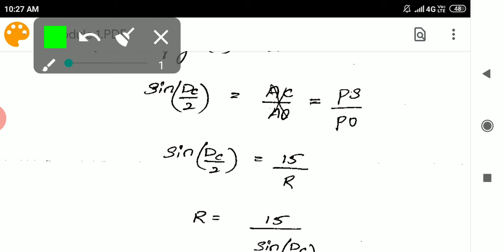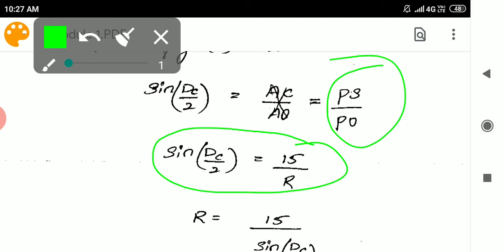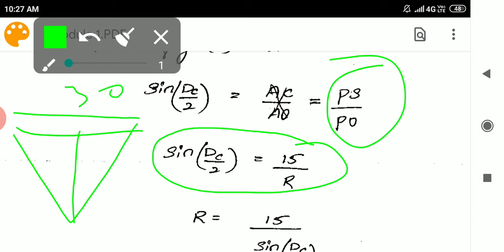So sin DC equals PS by PO. Here PS is half of the total chord, which is 30 meter. It makes a subtended angle at the middle, 15 meter here and 15 meter here. So this is PS, no?